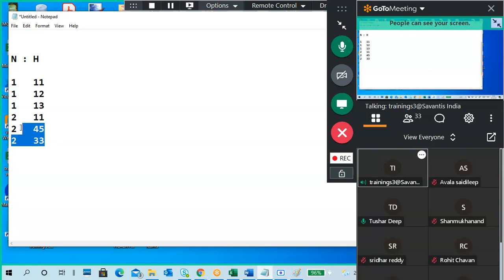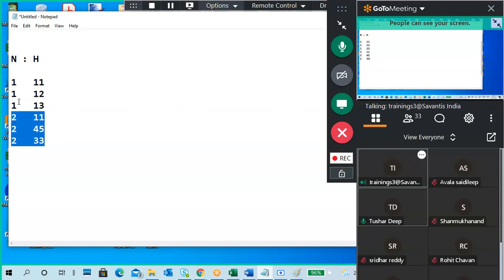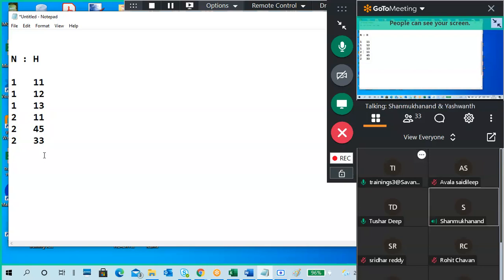These three communicate with each other. These three only. Can these three communicate to this one? No, sir. Okay, so why? Network portion is different, sir.